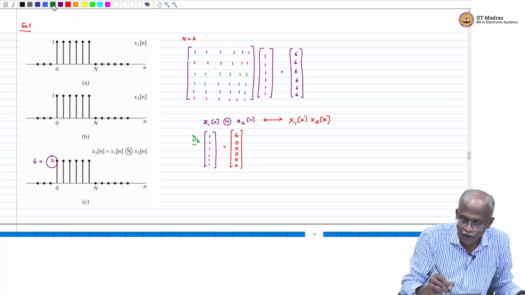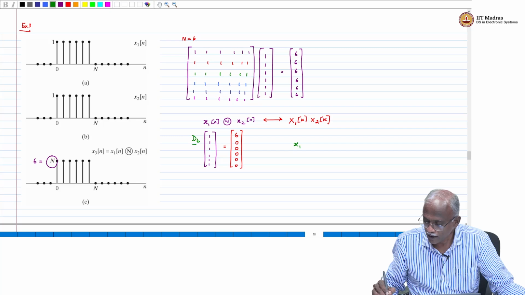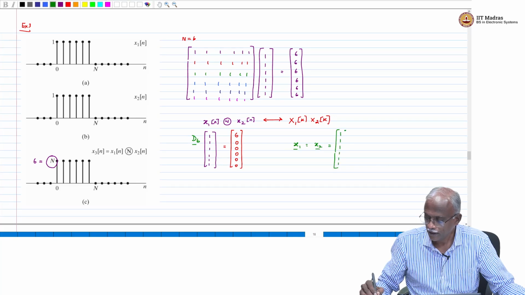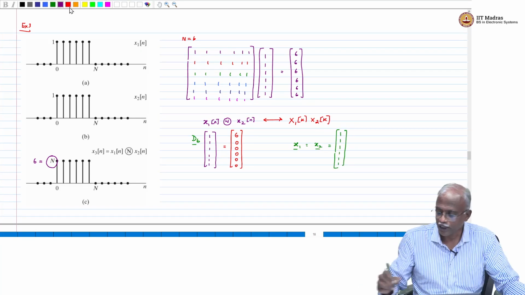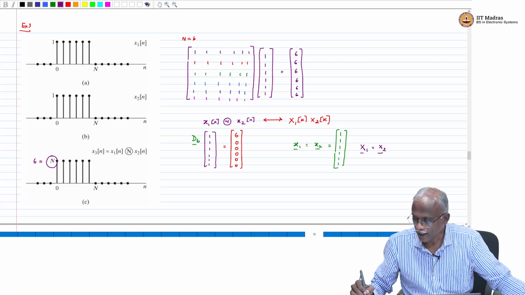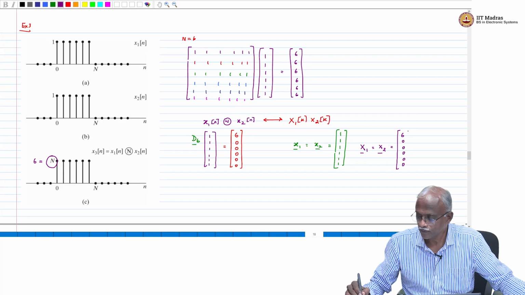So, if x1 is equal to x2 equal to 1, 1, 1, 1, 1, 1, write down for me what is the DFT of x1. You will find that this is the same as the DFT of x2, equal to 6, 0, 0, 0, 0, 0.